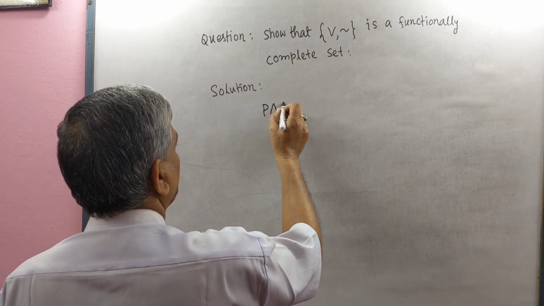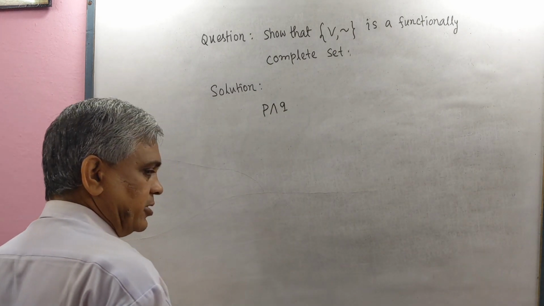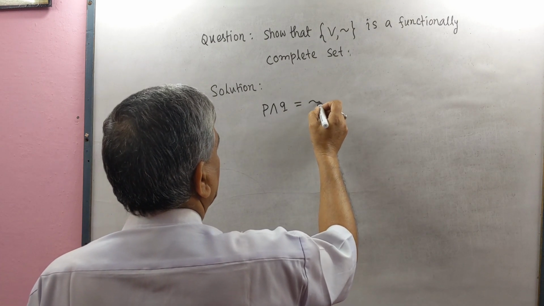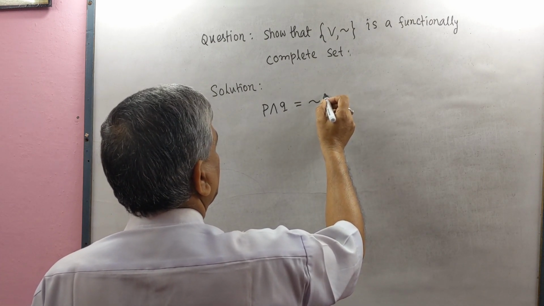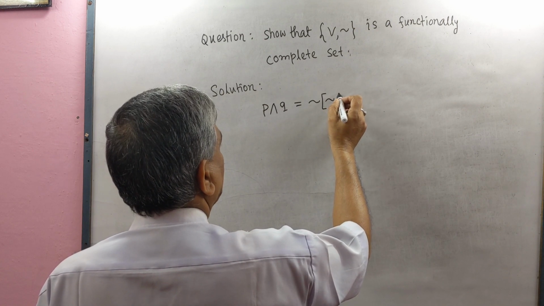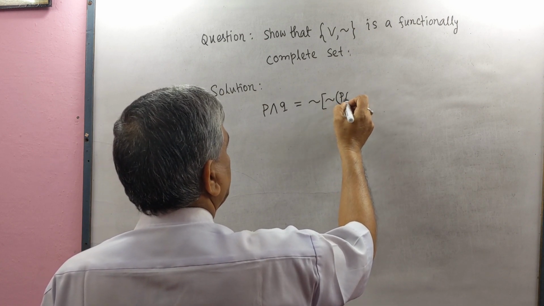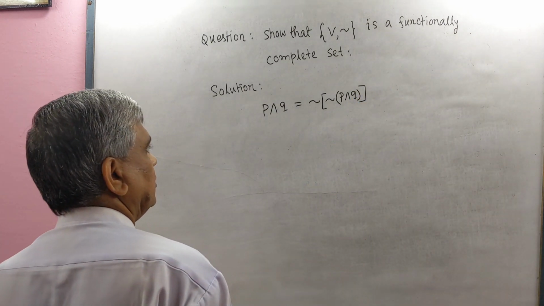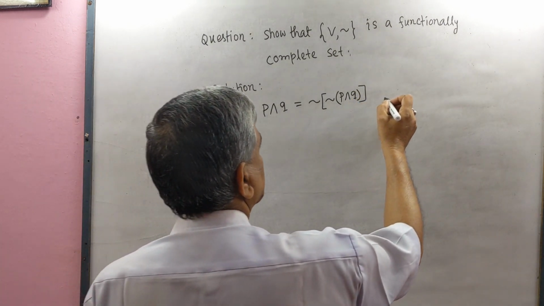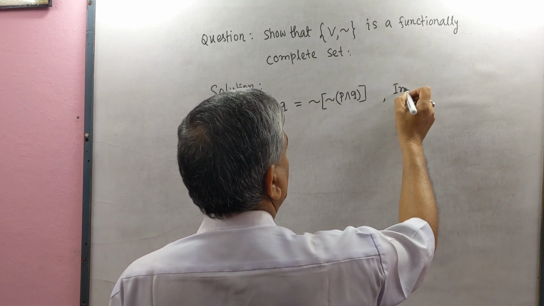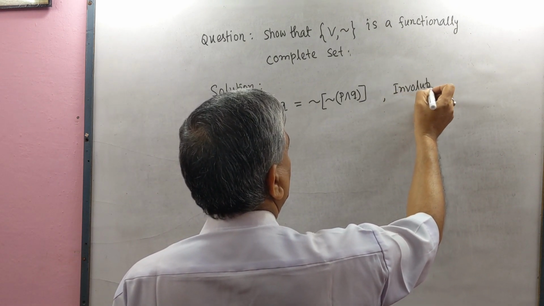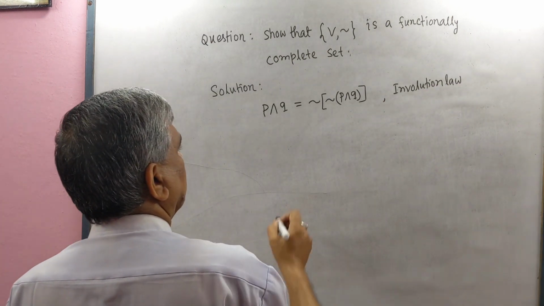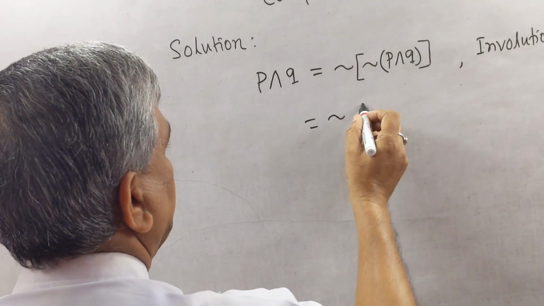P conjunction Q, where P and Q are two statements. P conjunction Q is equal to negation of negation of P conjunction Q. This is the involution law. Equal to negation.